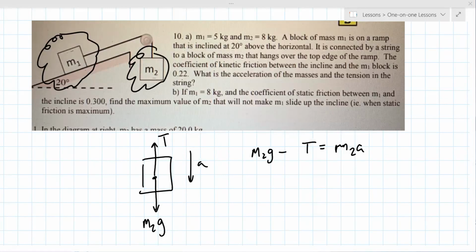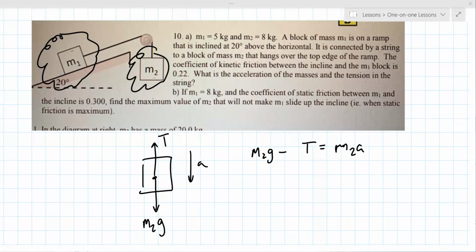Is that okay for that part? Yes, it makes sense. That's the simpler one of the two. And the mass here is 8, so we can plug it in. We can do 8g minus T equals 8 times a.